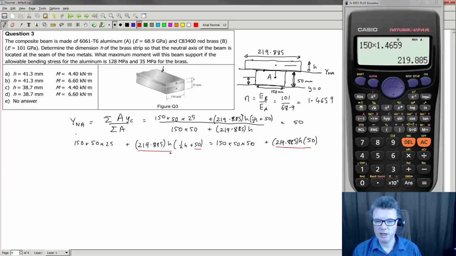So you end up with an expression which has just got h squared in it.